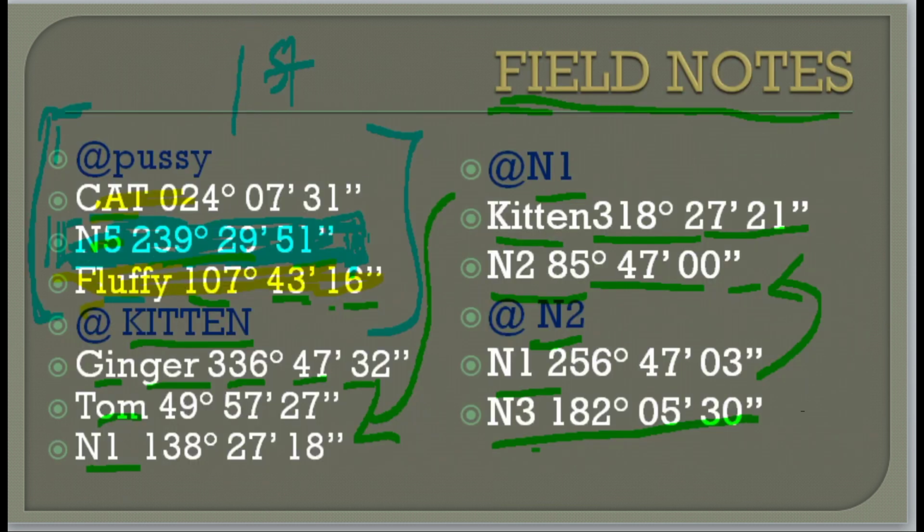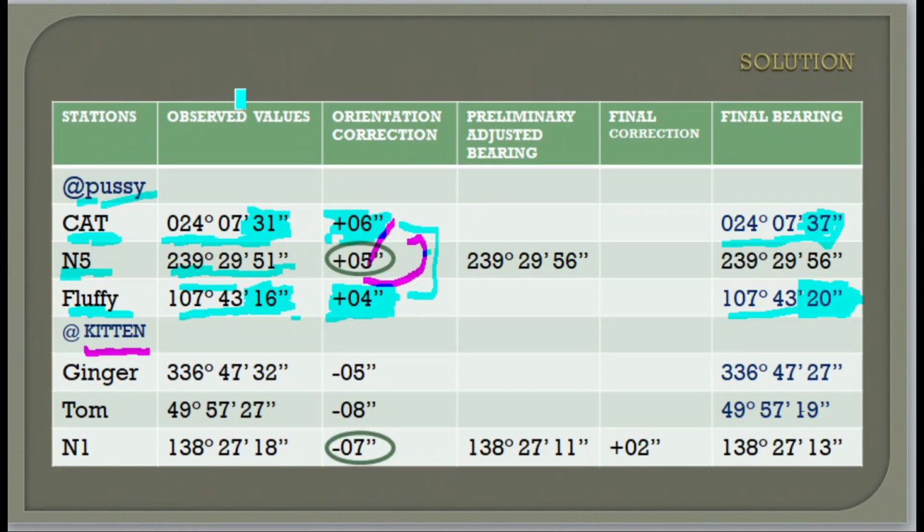These are the field notes that we were given. Those observed values are the data that we're going to place in the second column here.